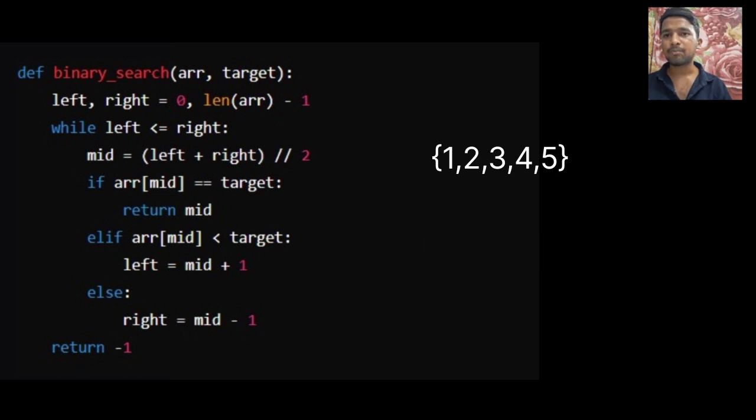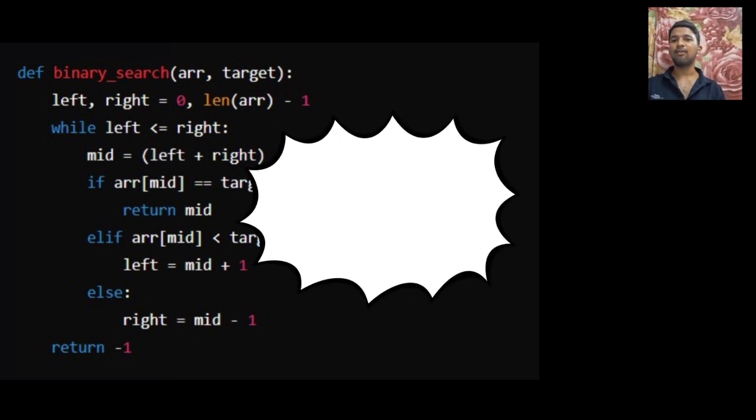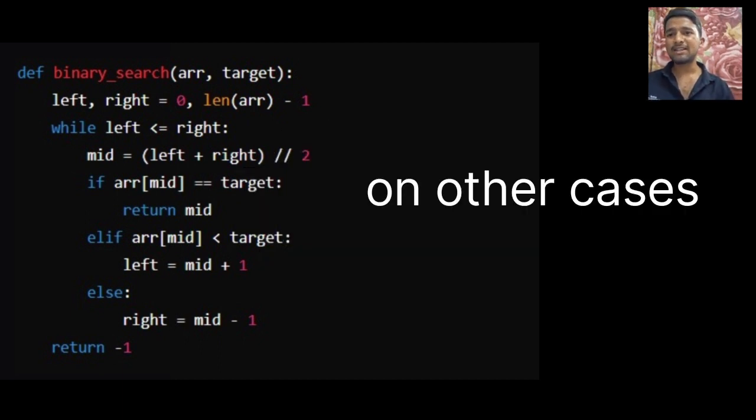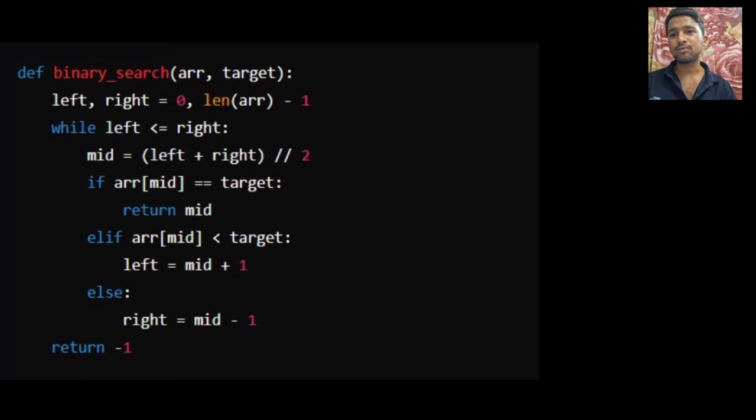So 3 is less than 4. If 3 is less than 4, then left equals mid plus 1, as mentioned in line 8. So we got the value 4. Hence we found the value 4. In other cases we have the ninth line, which is right equals mid minus 1. If none of these conditions are true, then we return minus 1, which represents an error.